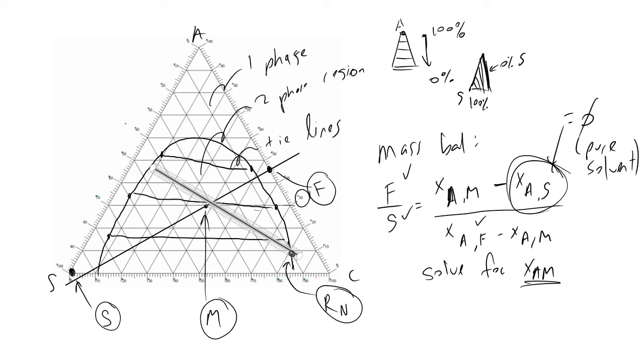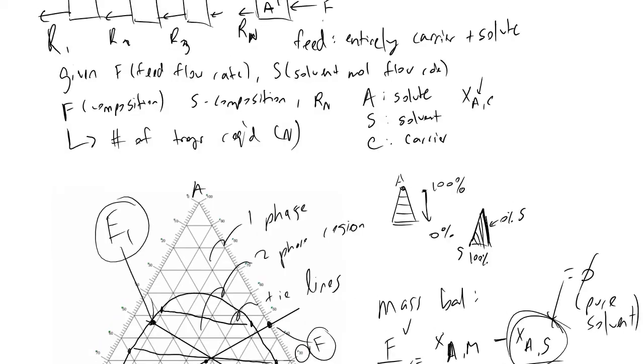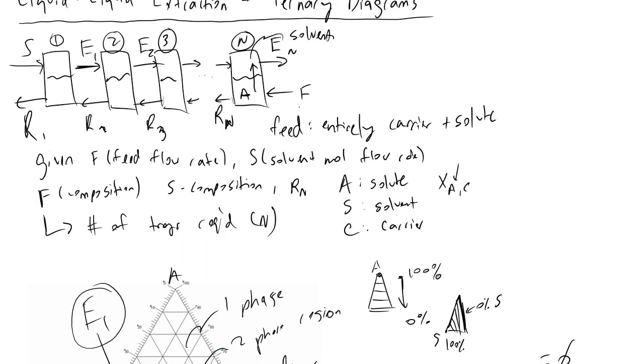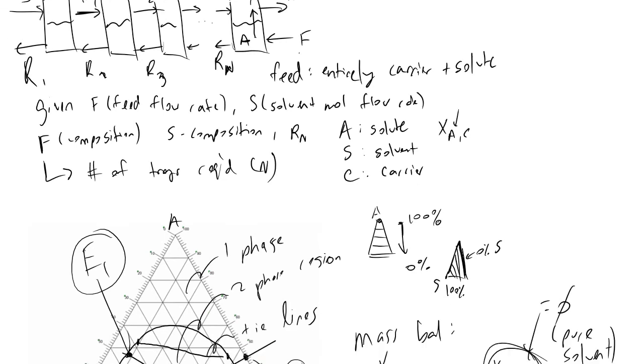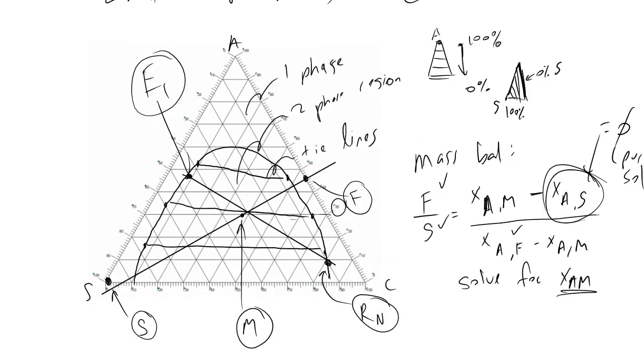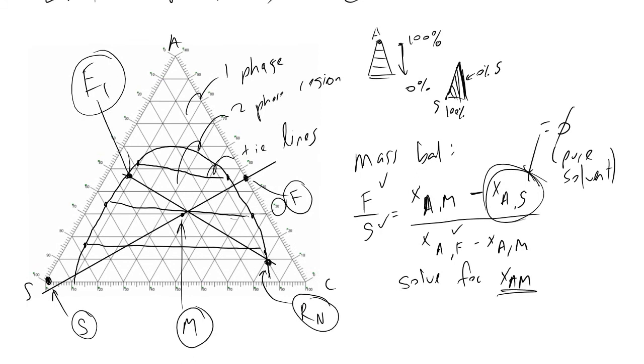And this point here will be equivalent to E1, which is the extract composition of our first tray in our contact unit.